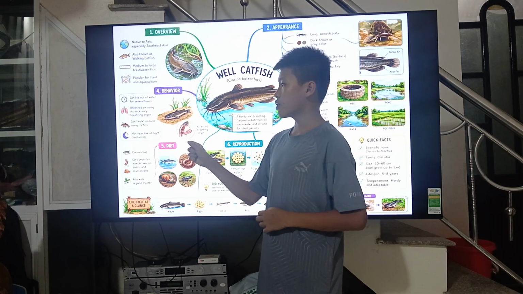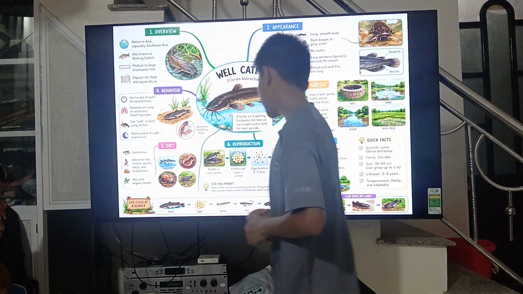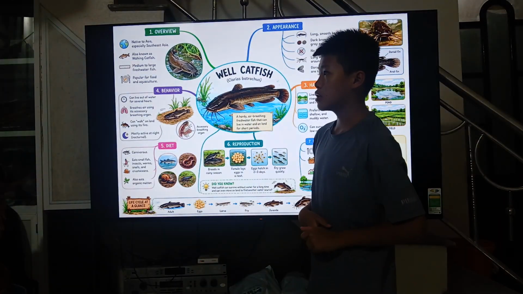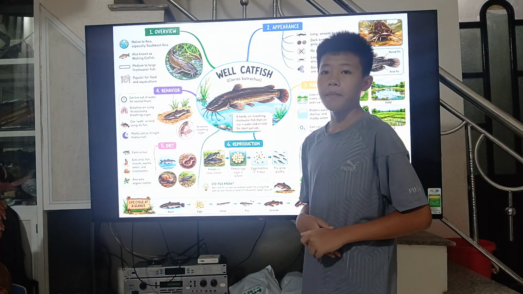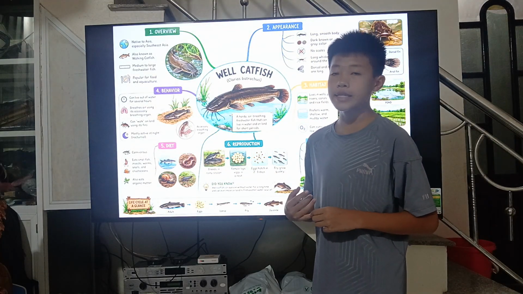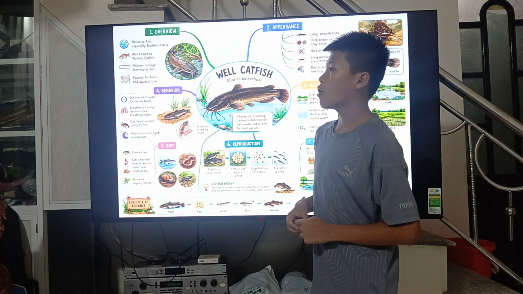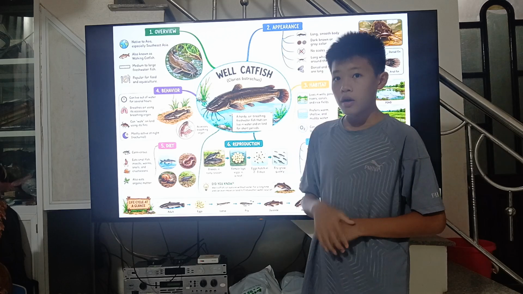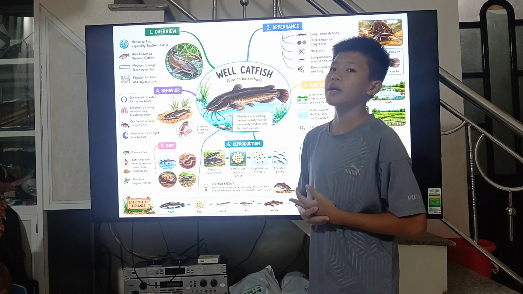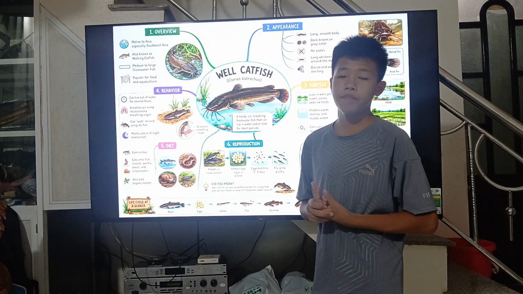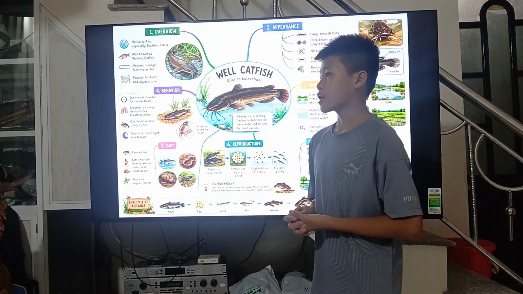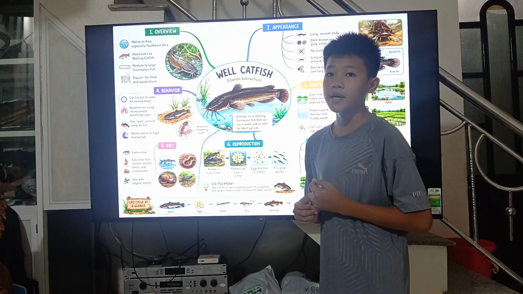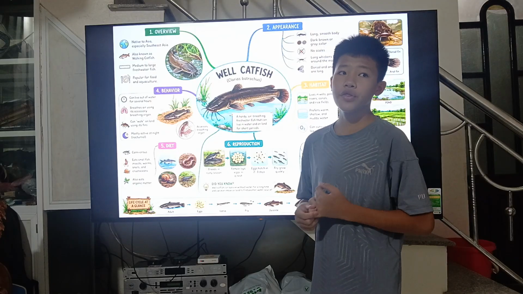And they can all grow to a very large size. A whale catfish can grow to be even bigger, about 3 meters.